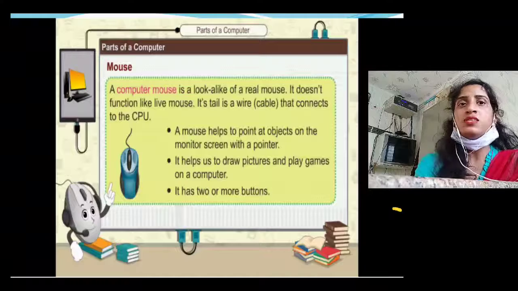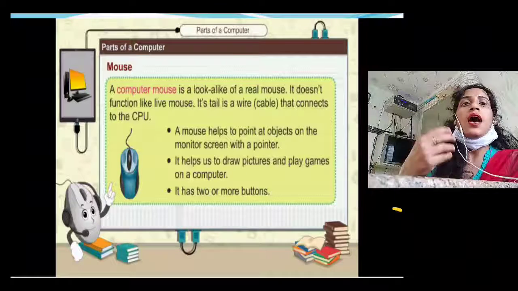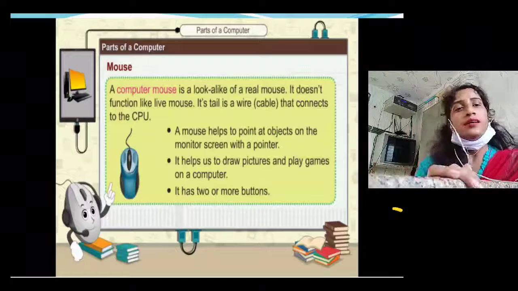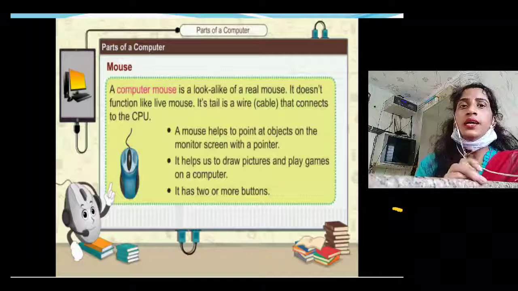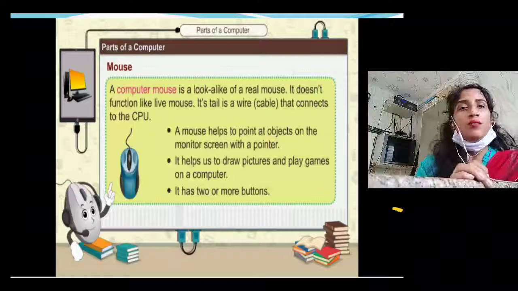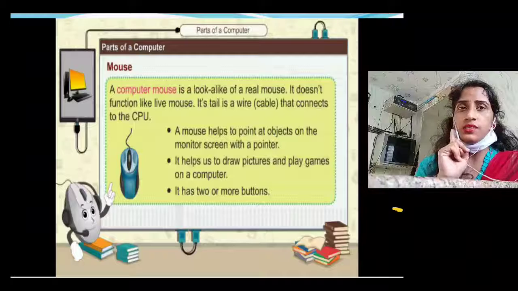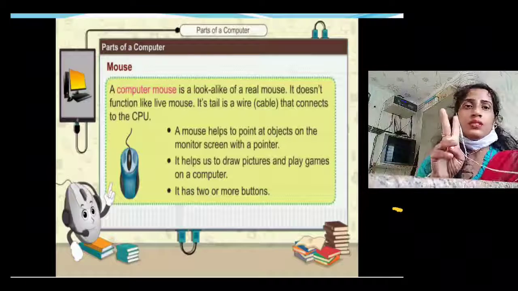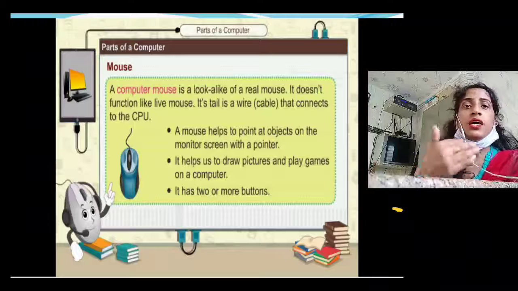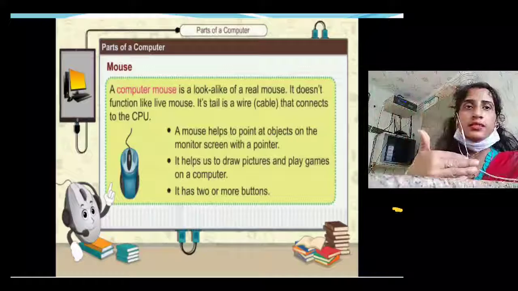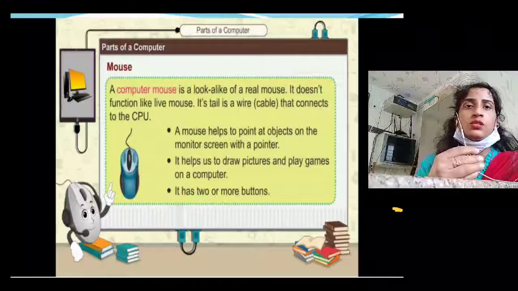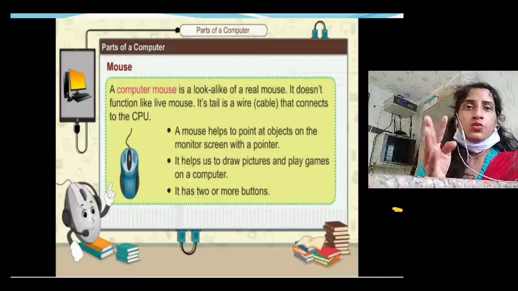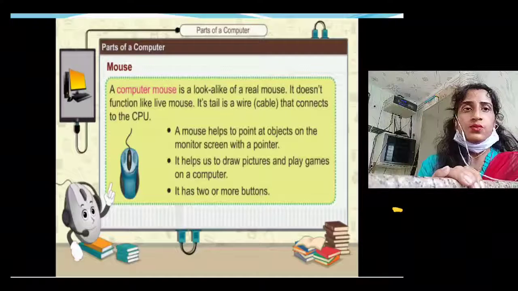It helps us to draw pictures and play games on a computer. It has two or more buttons. Generally, a mouse has two buttons, left and right, but in some mice, two or more buttons are there.